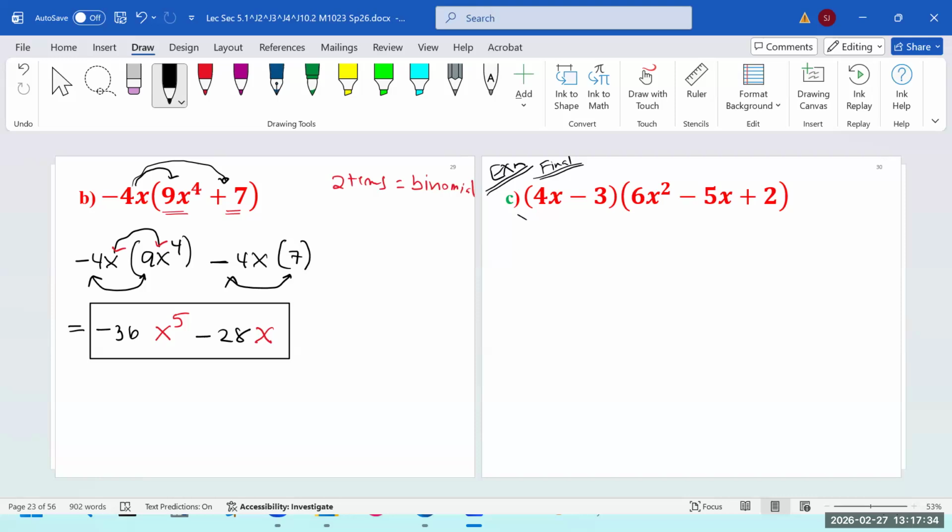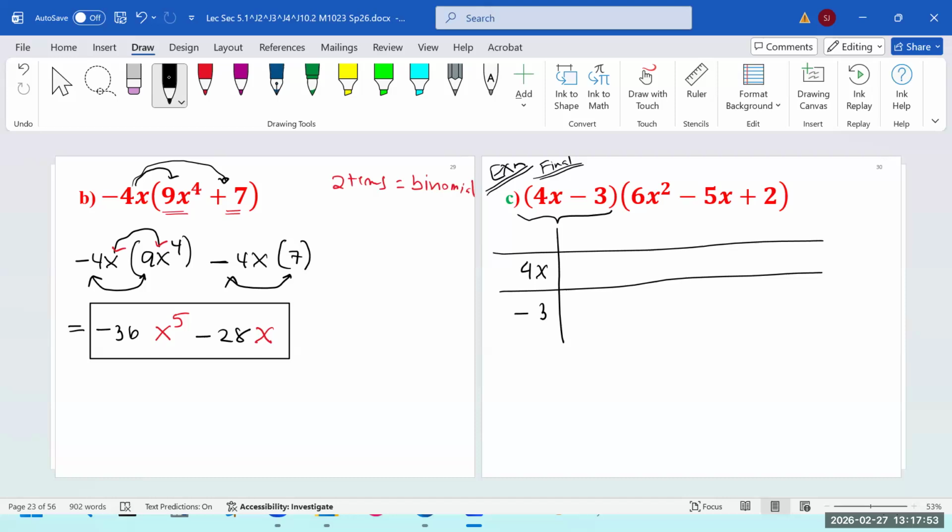So in the box method, you write your first polynomial vertically. So we have 4x minus 3, and you make a box. And then you write down your second polynomial horizontally.